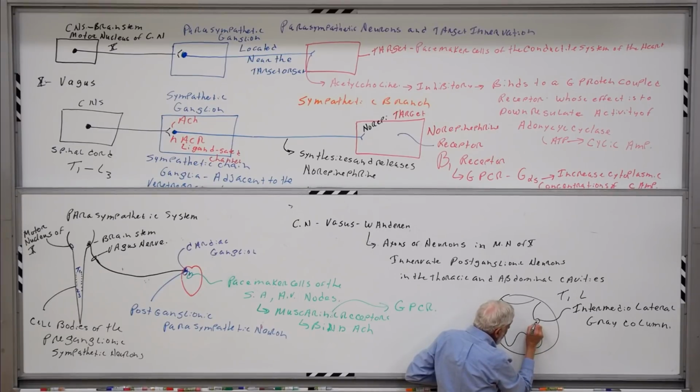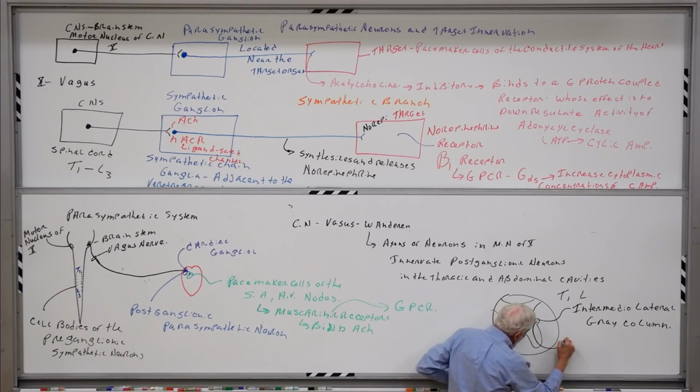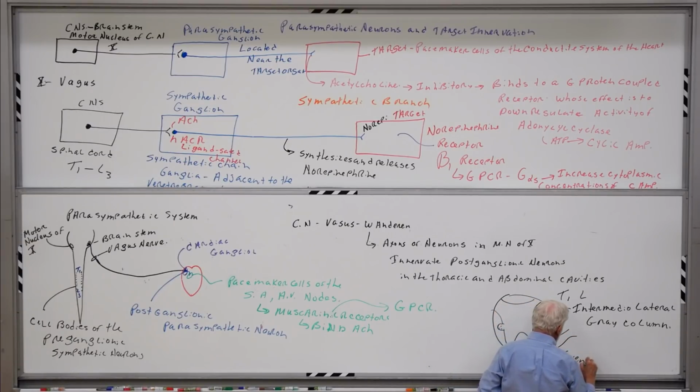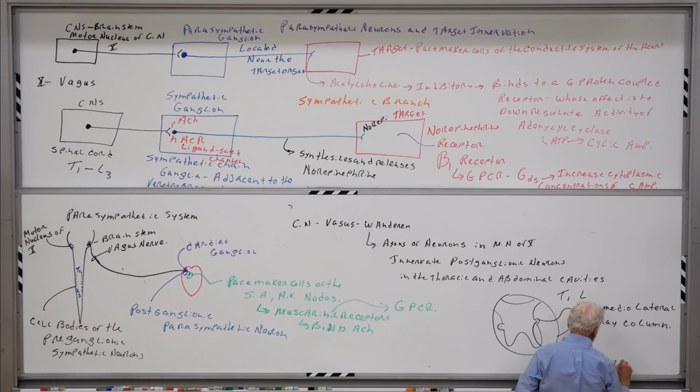These neurons have processes that come down across the ventral horn and go out in the ventral root. They take a bit of a circuitous route, but the most important part of this is that shortly after entering the ventral root, they leave the ventral root and enter this structure here that I'll show in blue.